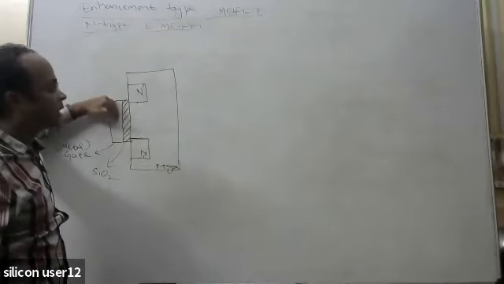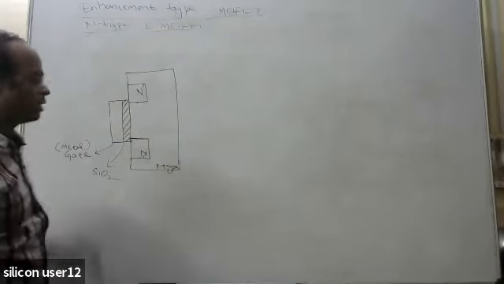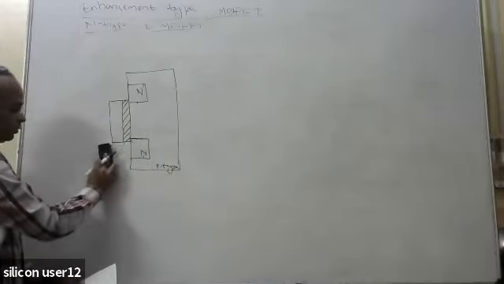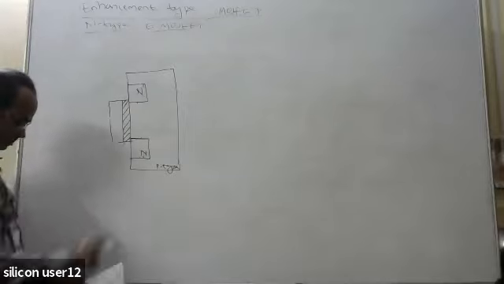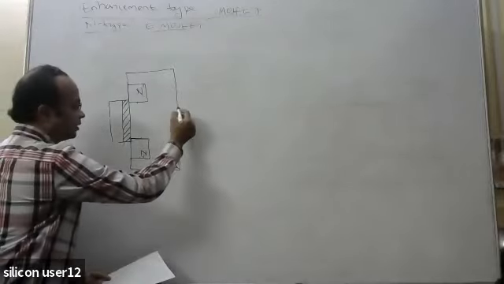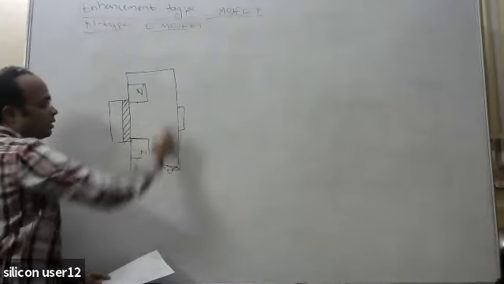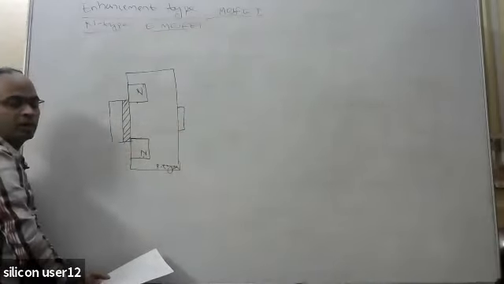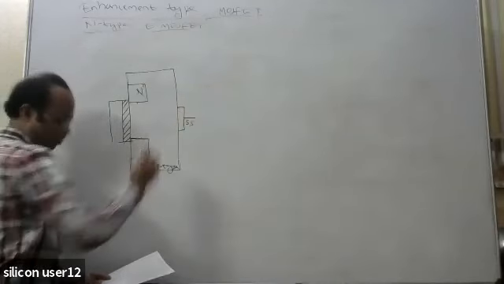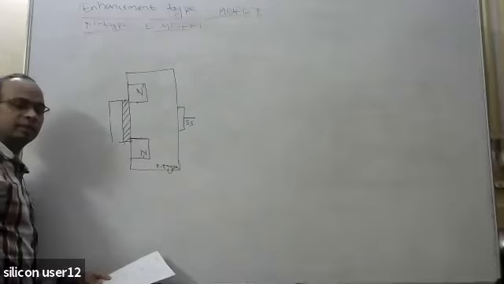Now what should I apply? I'll apply a certain amount of positive voltage. This substrate is called the body. This terminal is known as the body terminal, or it is also written as substrate SS.